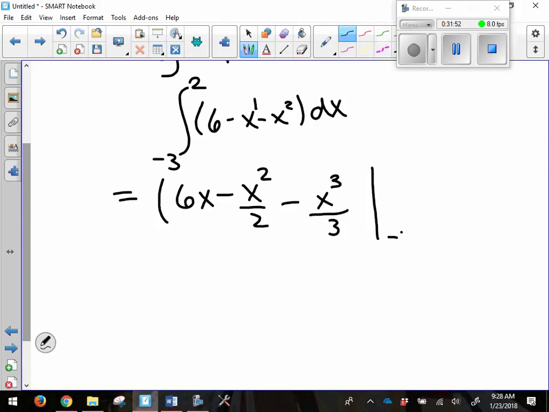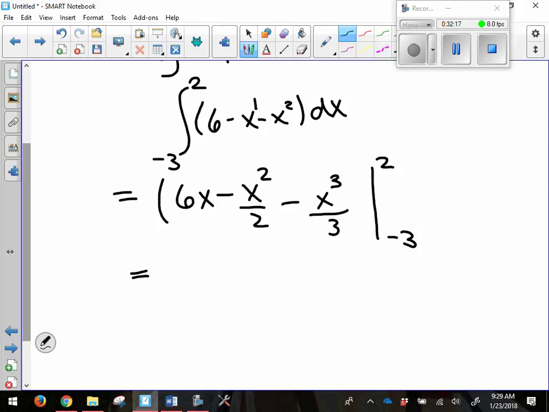Okay, and I'm going to evaluate that from -3 to 2. Everybody see how we're doing it here? This is a definite integral, and when it's a definite integral, I don't have to worry about the constant because I'm evaluating it within a specific interval.